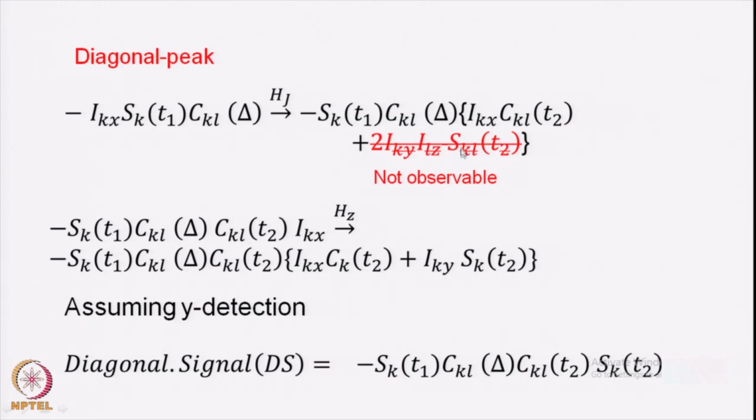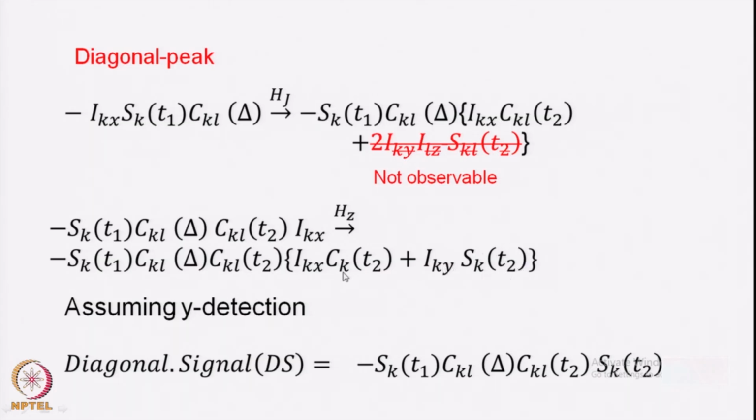Now let us consider the shift evolution of this after that. So I have the same here, SKT1 CKL delta, and CKL T2 comes from here, and the IKX operator part evolves under the chemical shift as IKX CK T2 plus IKY SK T2, using this abbreviation which we indicated there.